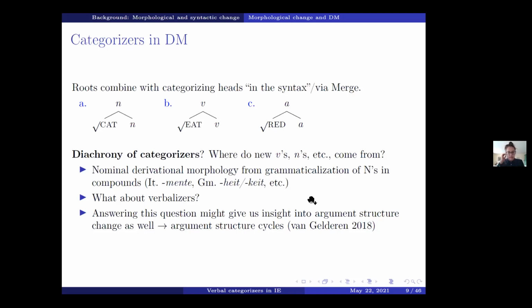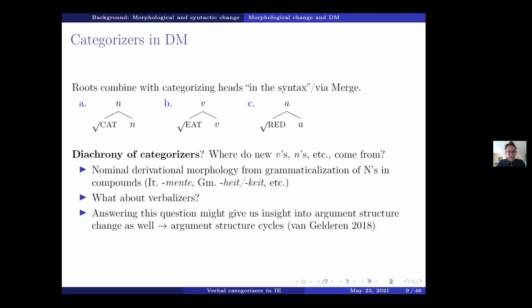But there's less work on verbalizers, and especially there's even less work on verbalizers where nothing grammaticalizes, so where you get suffixes just turning into other suffixes without any sort of change along the grammaticalization cline. So answering this question, I think, might actually give us insight into argument structure changes more generally, and argument structure cycles.